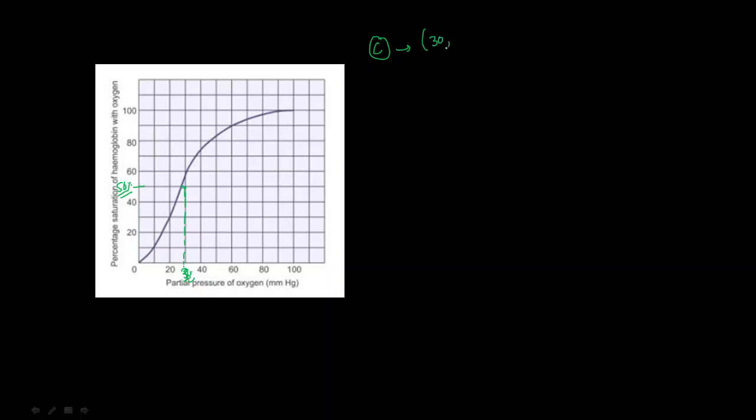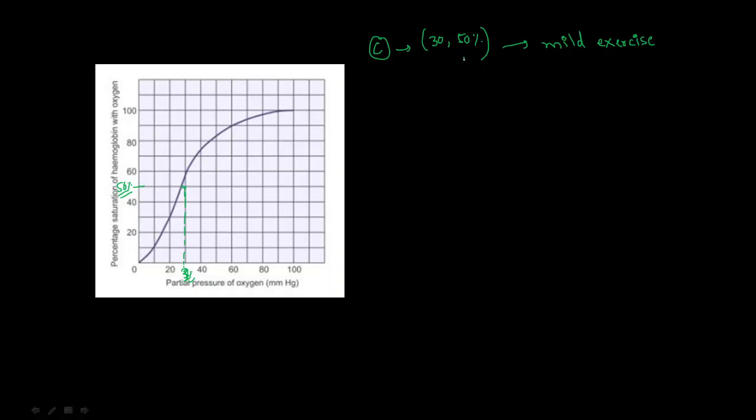When the partial pressure of oxygen is 30 mm Hg, at that particular situation 50% of hemoglobin will be saturated with oxygen, and this happens during mild exercise, when you are doing a bit of activity.